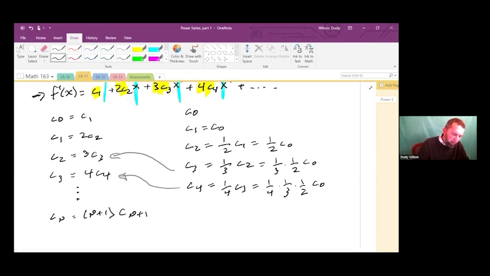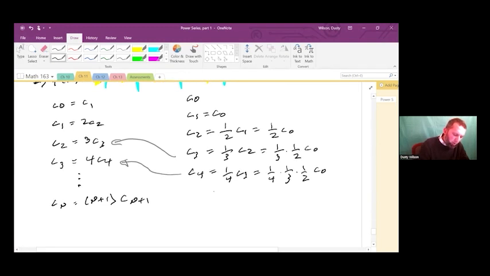So it looks like if we went all the way down to Cn, we would get 1 over, well, if I had 2, that's the same as 2 times 1. If I had 3, I had 3 times 2 times 1.